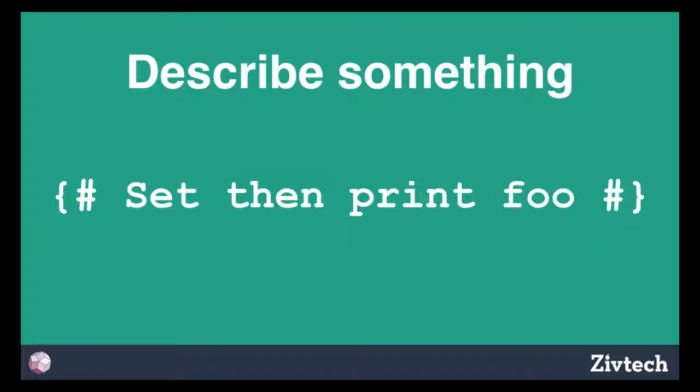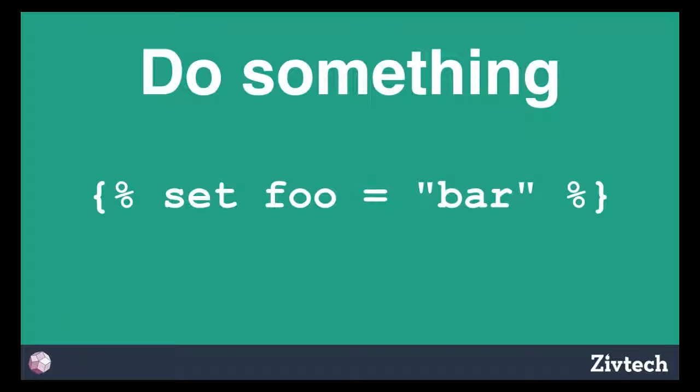So Twig gives us this syntax that behind the scenes will actually get compiled into PHP code to make it fast, but you never even have to worry about or see that. You just do this super simple thing. You want to add a comment, you can describe something just by putting curly brackets and hash marks on either side, whatever you want in the middle. You want to do something, like set a variable called foo to bar, you put these percents.